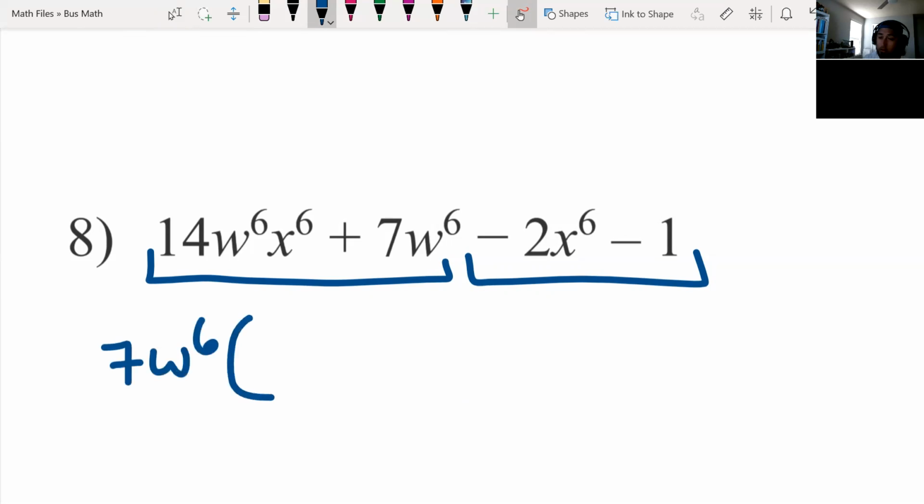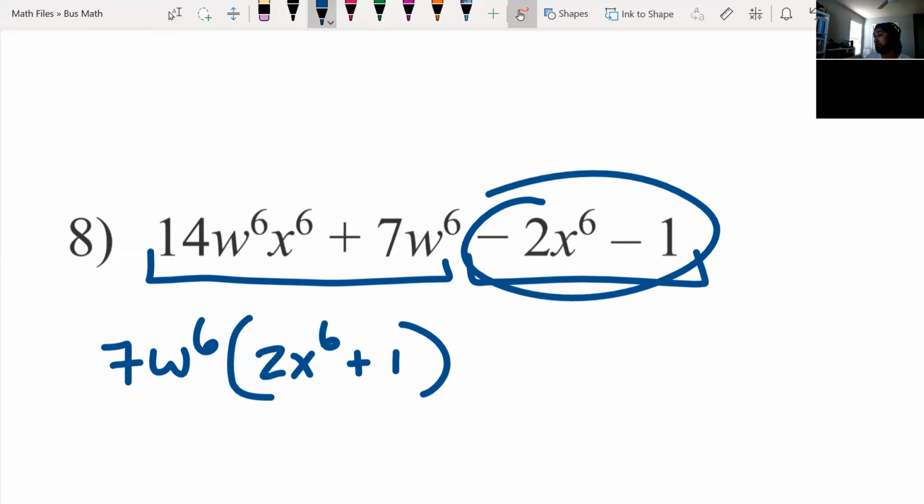Good. Factor it out. What are we left with? 2x to the 6th plus 1. Good. And now, negative 2x to the 6th minus 1. It's the plus 1 because we had already factored out that whole thing.